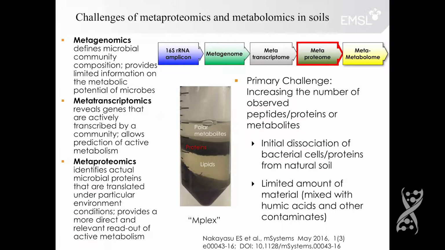When we normally have a cell sample and we want to do metaproteomics and metabolite profiling, we use what's called an MPLEX extraction. It's a methanol chloroform extraction that allows us to separate out the polar metabolites, the proteins within the interface, and the lipids within the chloroform.